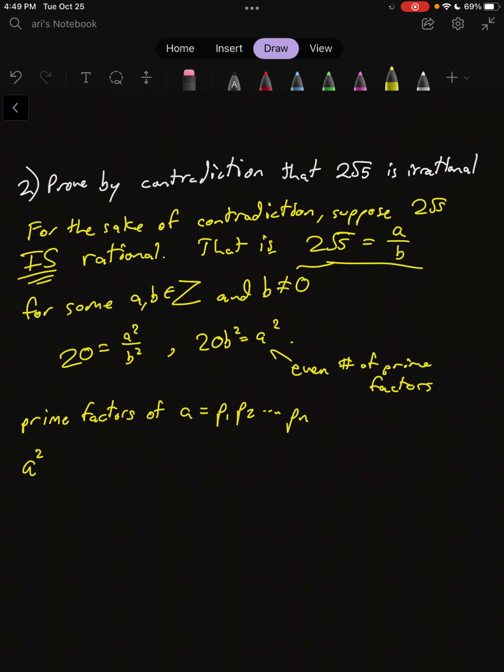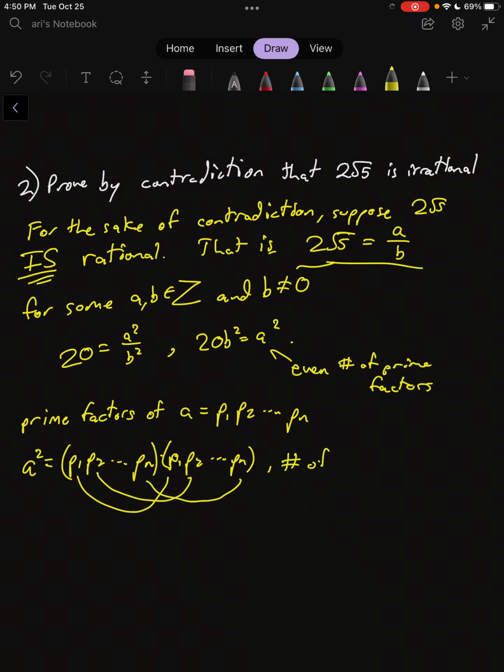So a squared equals p1, p2, pn times p1, p2, pn. And you can see that this is an even number, I think, because all of them have pairs. So the number of prime factors equals 2n. Hopefully that's clear, which is even, because we know that n is a natural number.